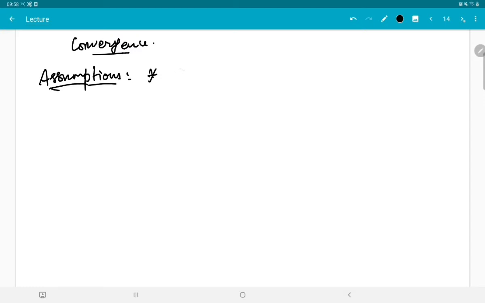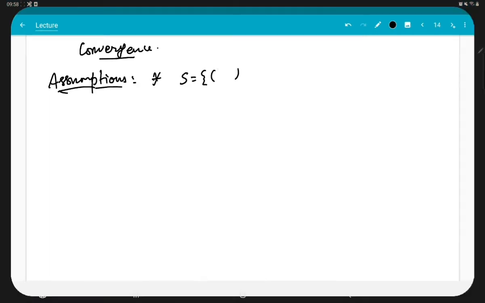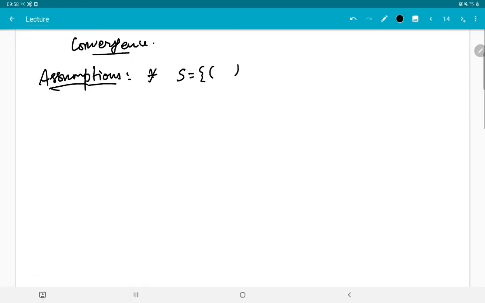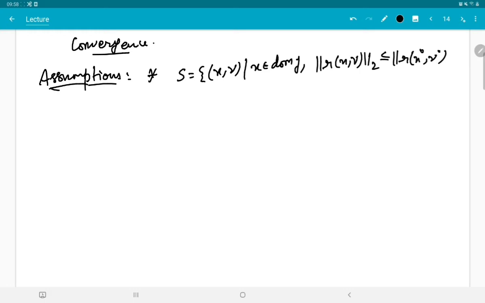So if S is the set of all x and nu such that x is in domain f and the residue is less than or equal to the residue at x naught, nu naught, then this set is closed.